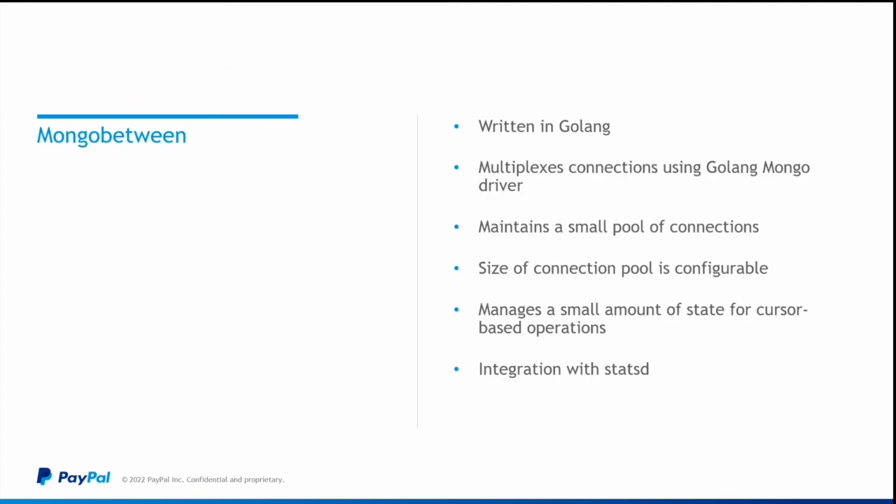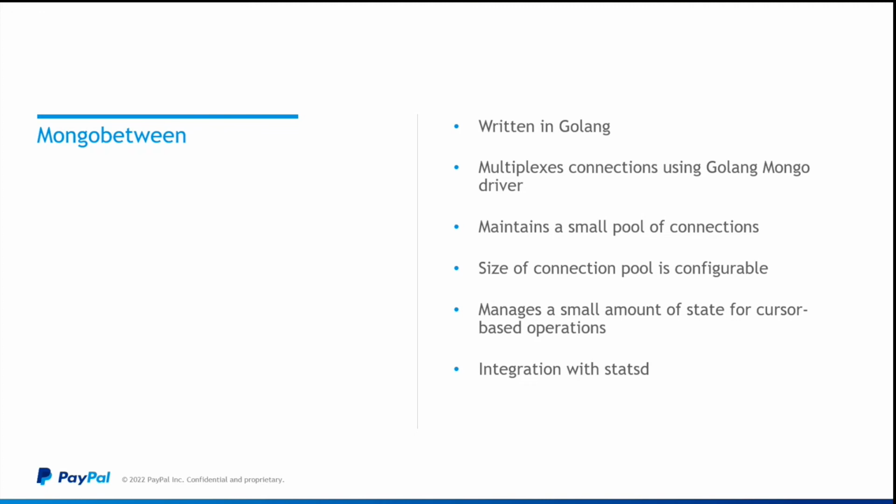So among the 4 options, we decided to go ahead with Mongobetween, and we started testing Mongobetween on our platform. So let's take a quick overview of Mongobetween. As I said, it's written in Golang.